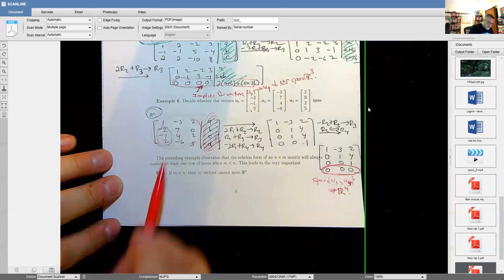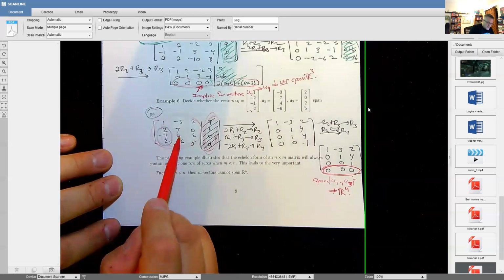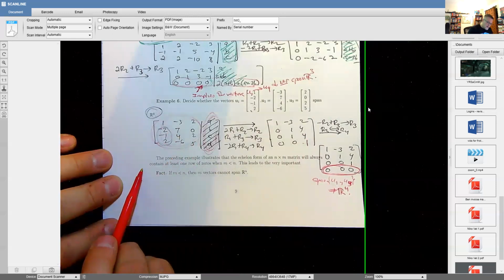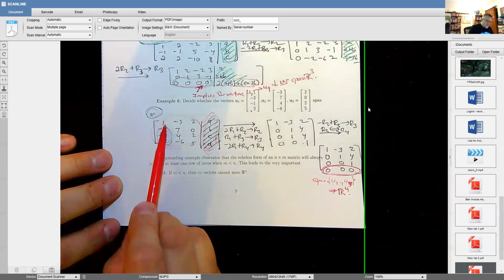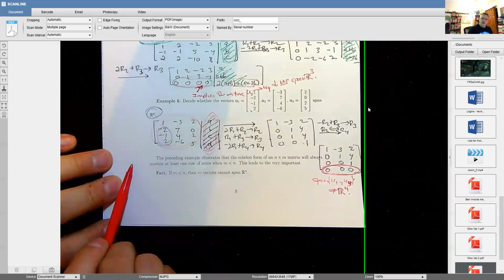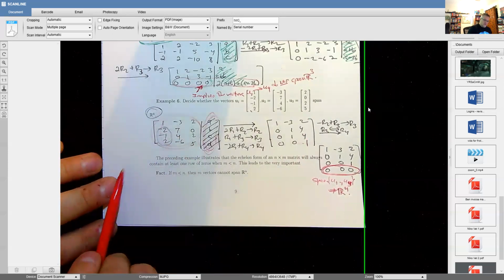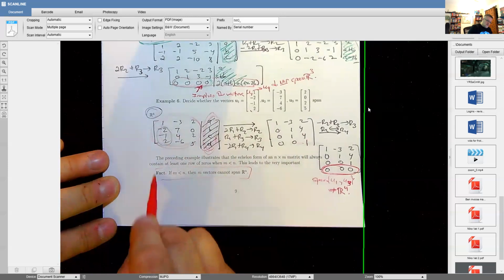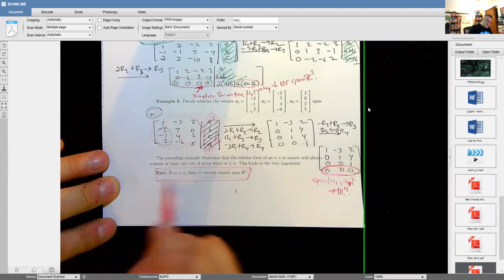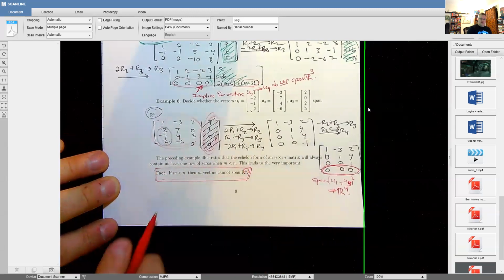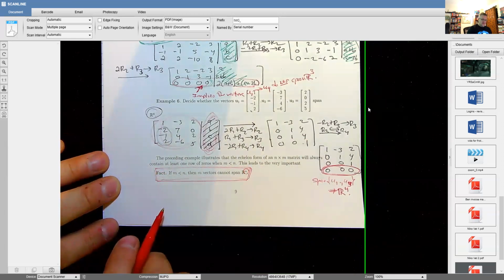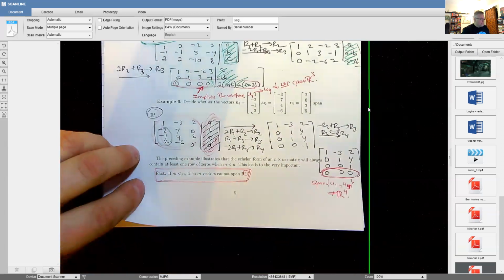No choice, because you have to have successively more initial zeros than the row prior. The only way that's going to happen for 4 rows, and you only have 3 to go that way, is to have a 0 row, right? So certainly if you have fewer vectors than, we'll say, the dimension of Rn, which is n, then they can't span.